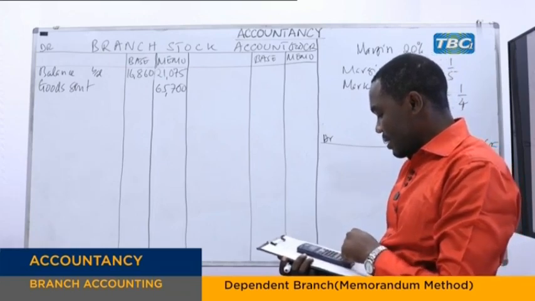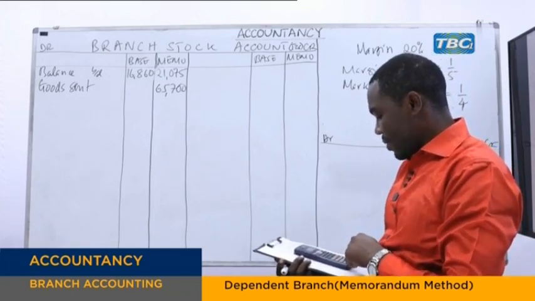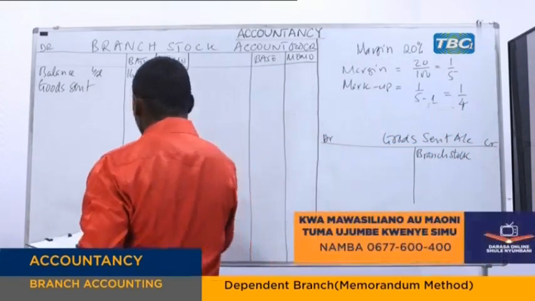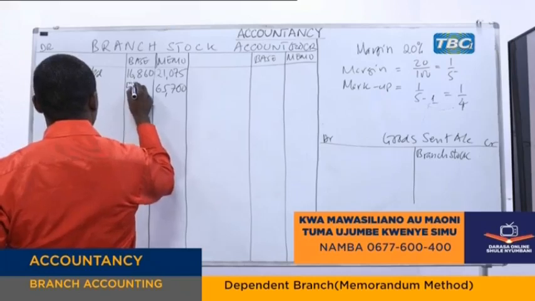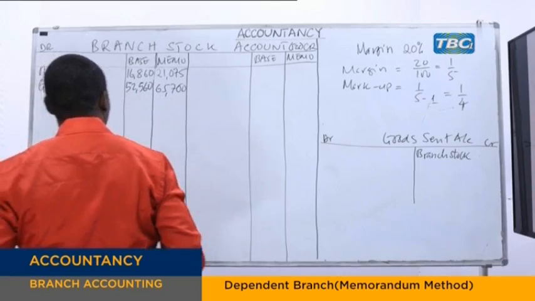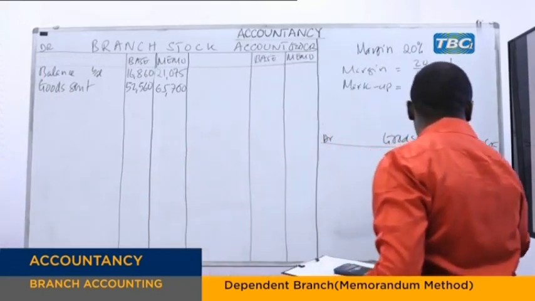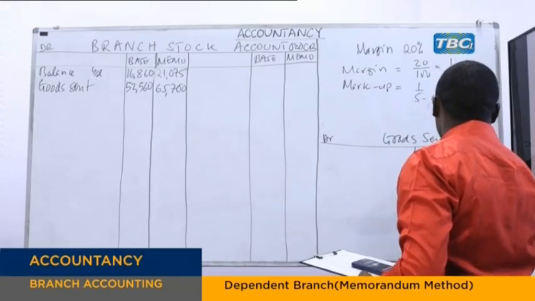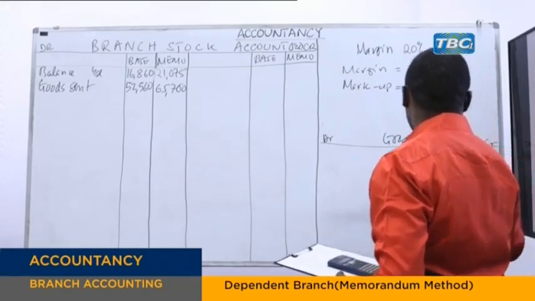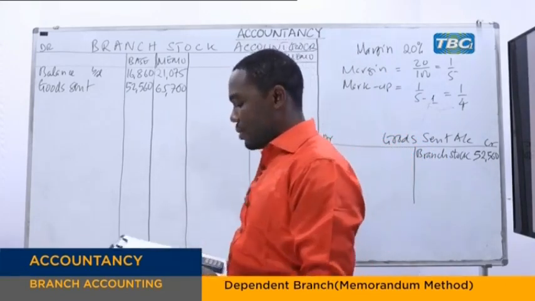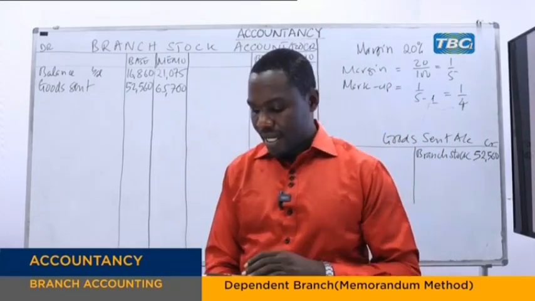If you deduct this from the selling price, we get the cost price, that is 52,560. So this also you need to show here, 52,560. This account also was not required, but I'm just trying to show you how you could have opened it.